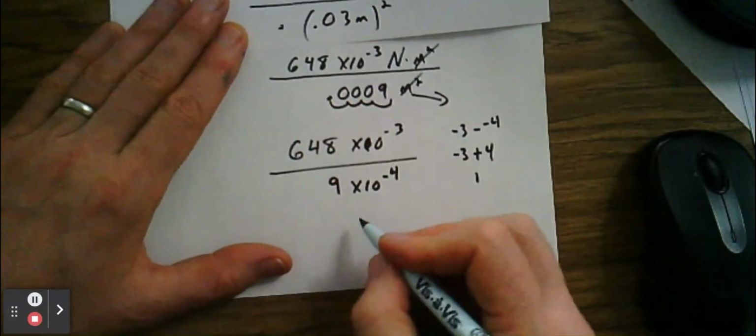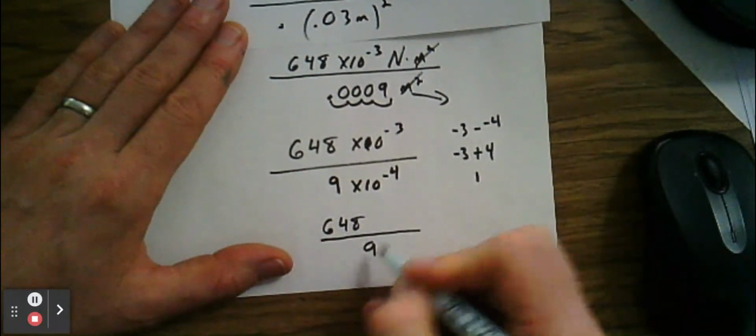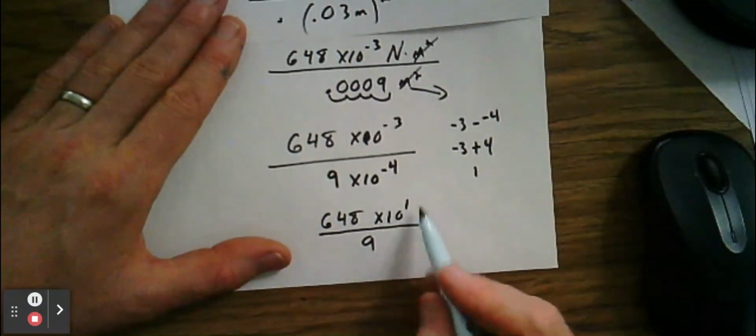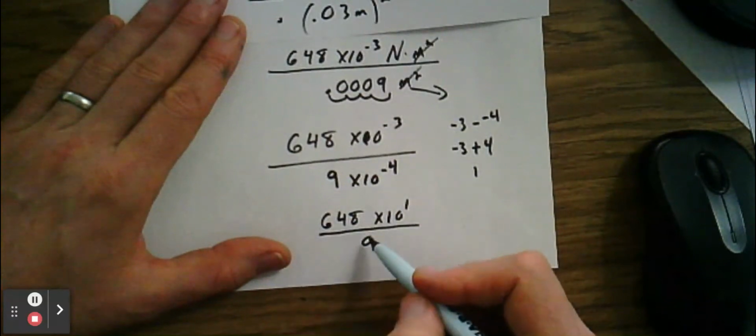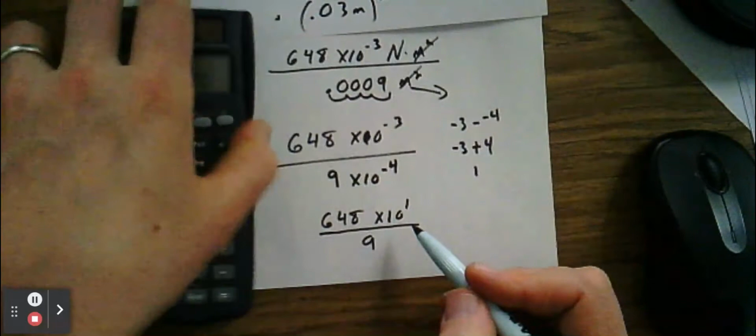So this reduces to 648 divided by 9 times 10 to the 1. Now this is just times 10. So I would divide 9 into 648 and then multiply it by 10.